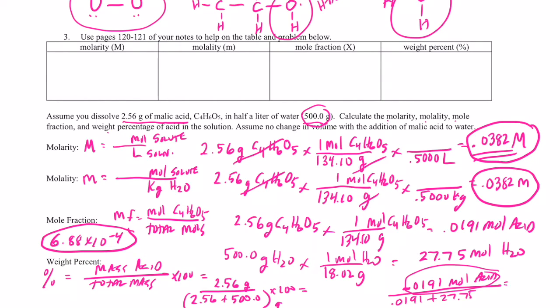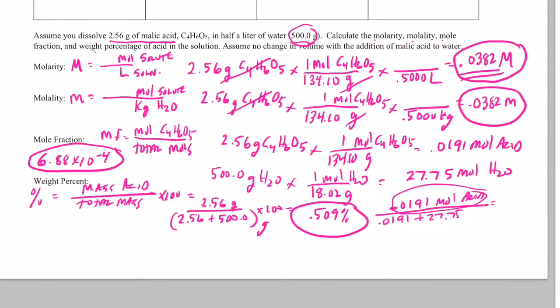So let's see, we get 2.56 divided by 2.56 plus 500. I use my parentheses key there. And I end up multiplying that answer by 100, and I get 0.509%. So 0.509% acid. So about 0.5% by weight is my acid.